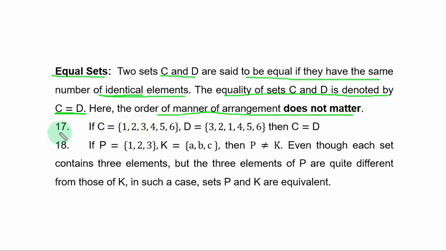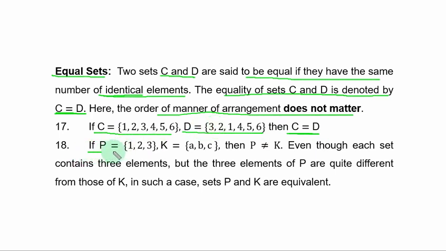For example, number 17, if set C is equal to this, set D is equal to this, then C is equal to D. The elements are identical, even though the order of arrangement is not the same.